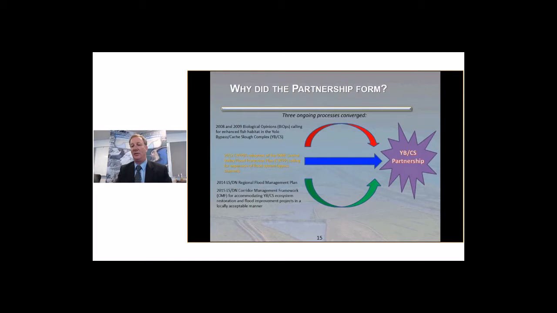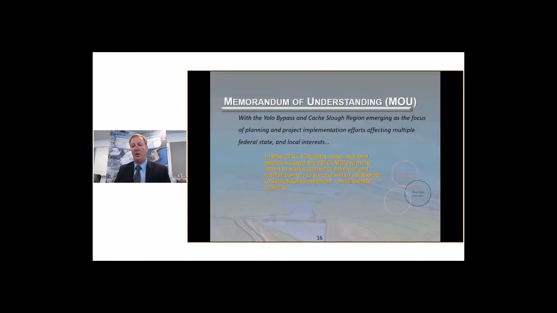It acknowledged the regional planning efforts that were going on, and it was necessary to bring all those efforts together into a broad partnership. Today, that partnership reflects the interests of 15 federal, state, and local agencies with a clear idea to prioritize and help remove barriers to the implementation of improvements in the Yolo Bypass.